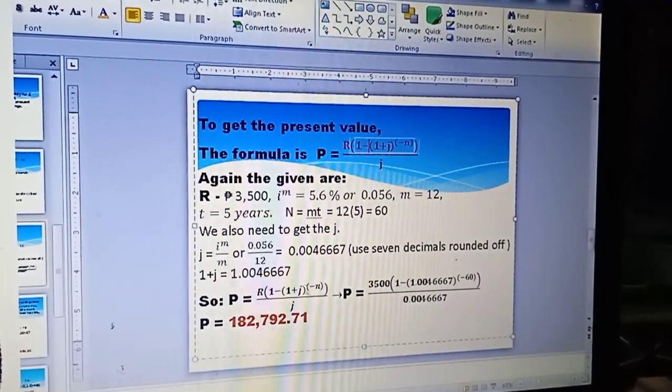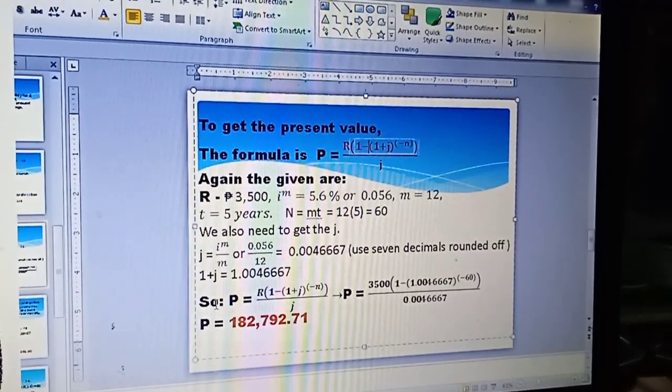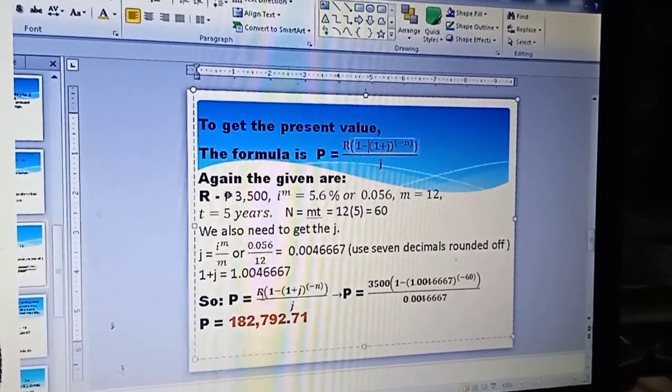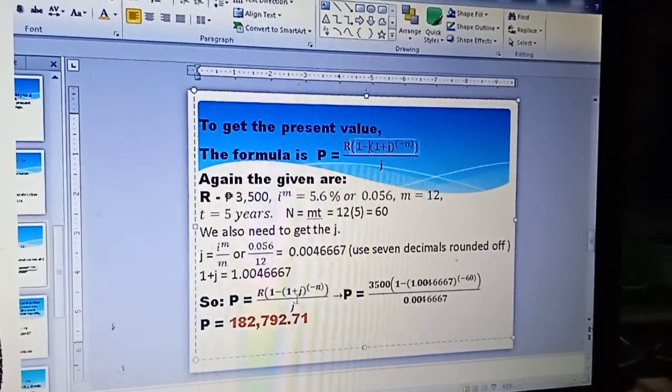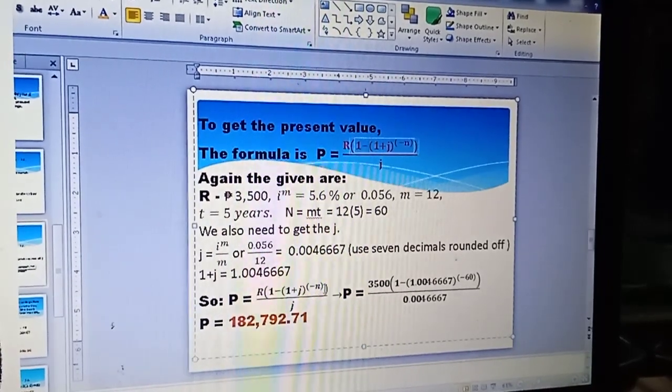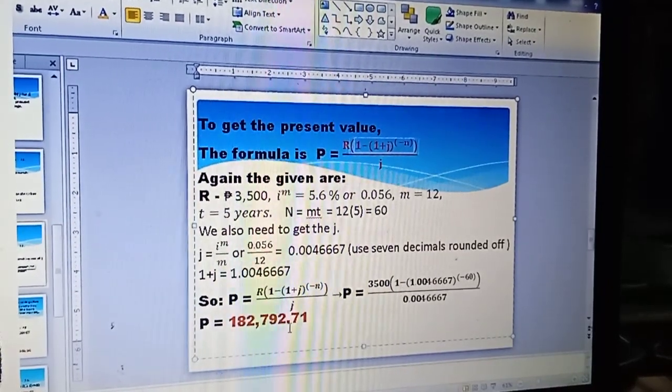Okay, we are using here the same formula. So P, or present value, is equal to R times 1 minus the quantity 1 plus j raised to negative n over j.